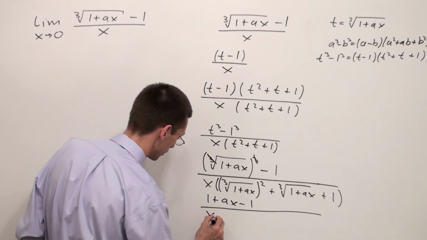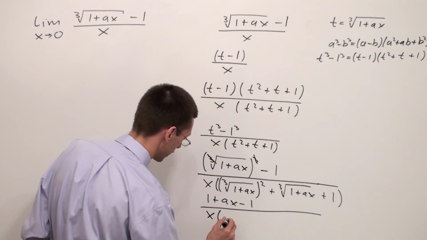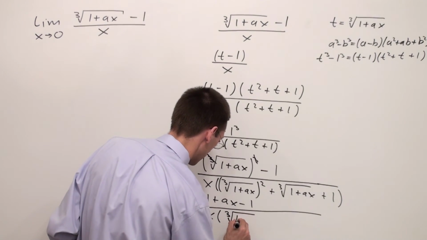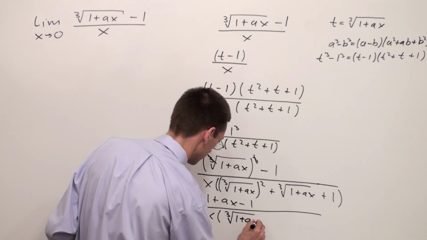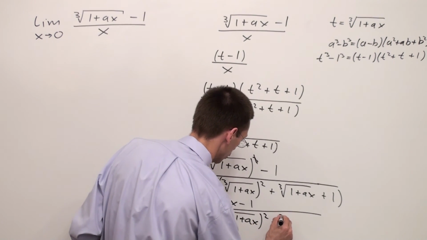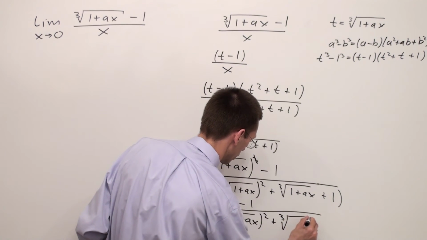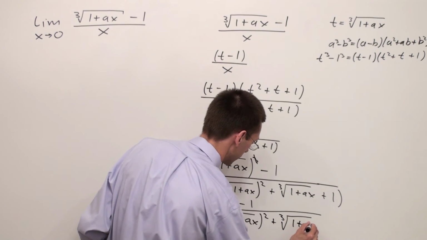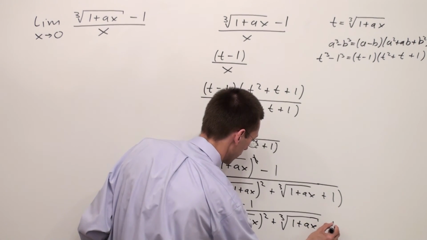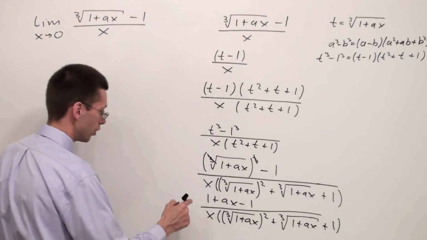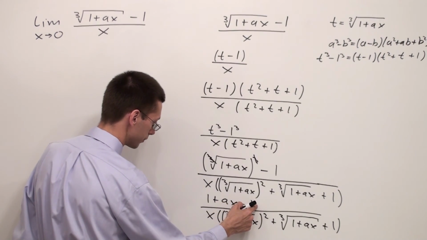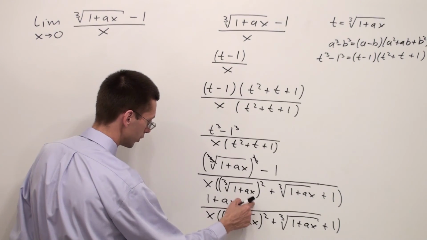I have x, and in parentheses I have cube root of 1 plus ax to the second power plus cube root of 1 plus ax plus 1. 1 minus 1 is going to give me 0.